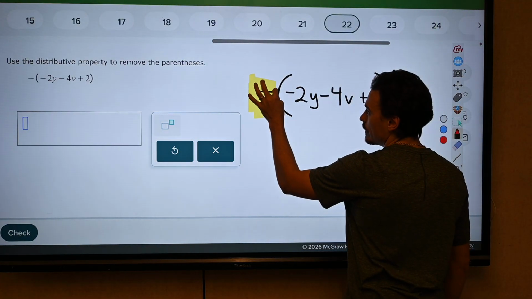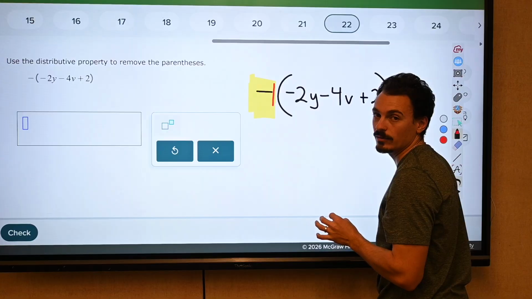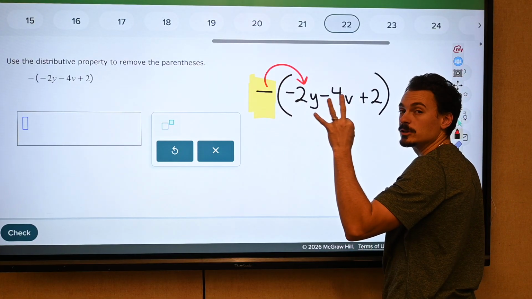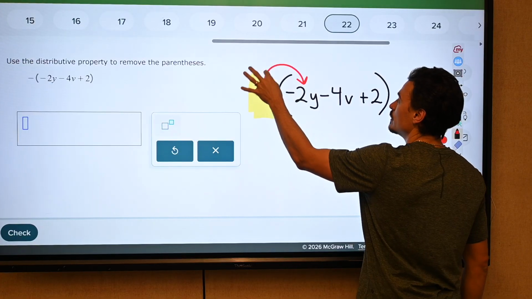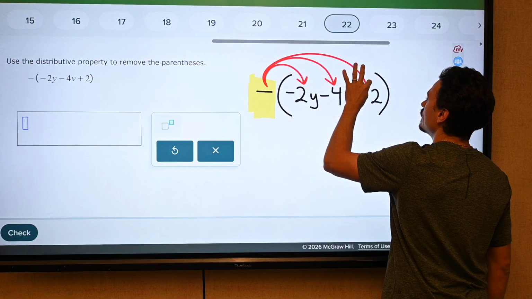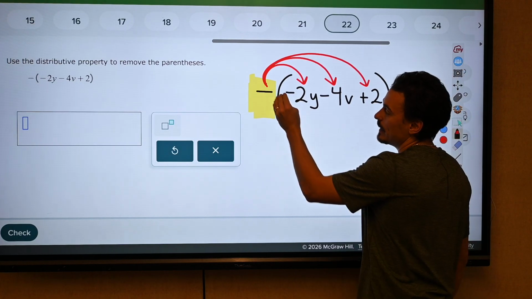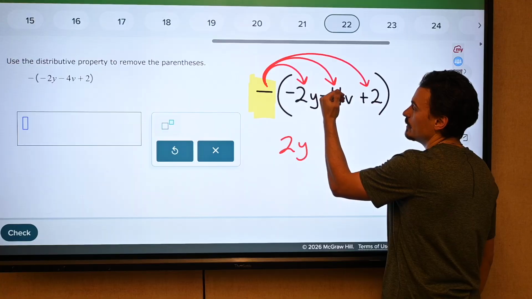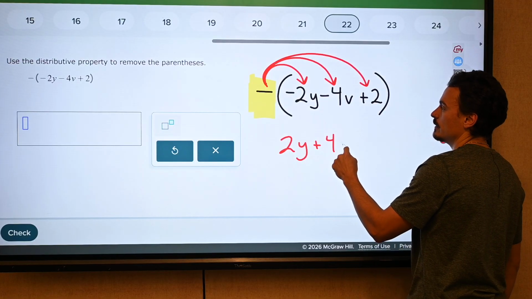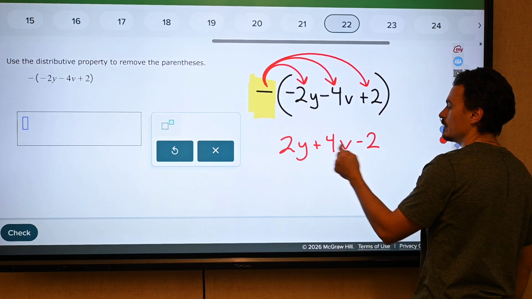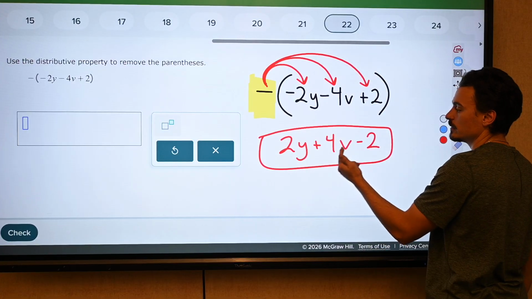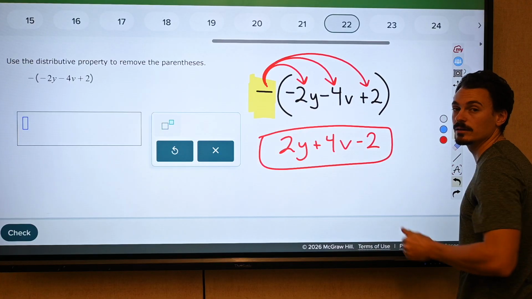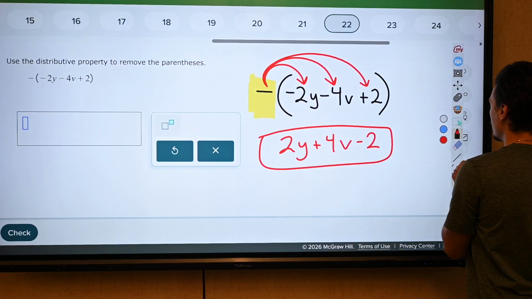So when you multiply, you're going to multiply all three terms by negative 1. A negative times a negative is a positive. So that negative becomes a positive, this negative becomes a positive, and this positive becomes a negative. None of these are like terms at all, because this is a y, this is a v, and this doesn't even have a letter.